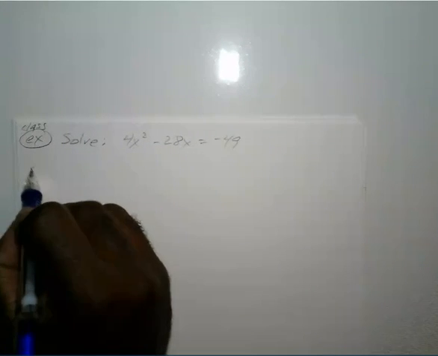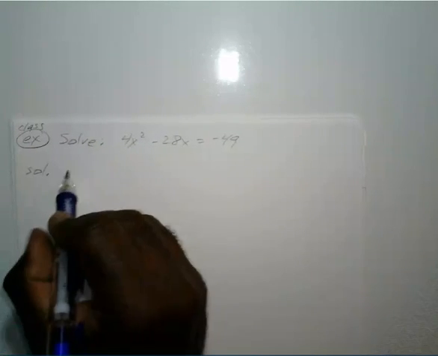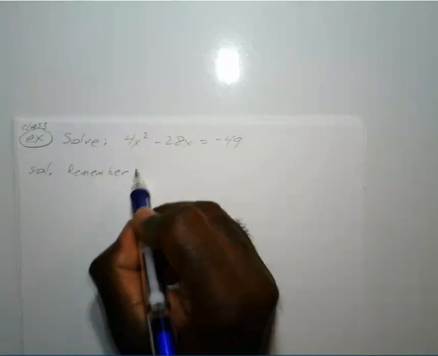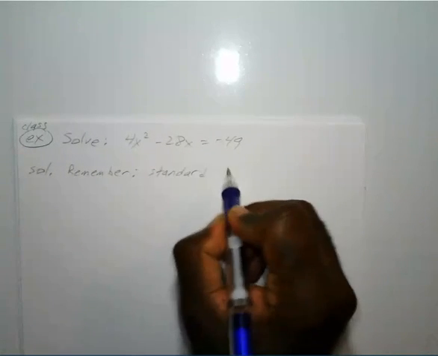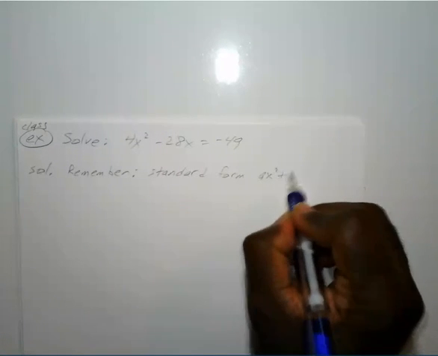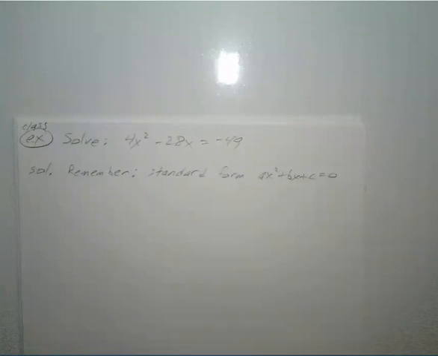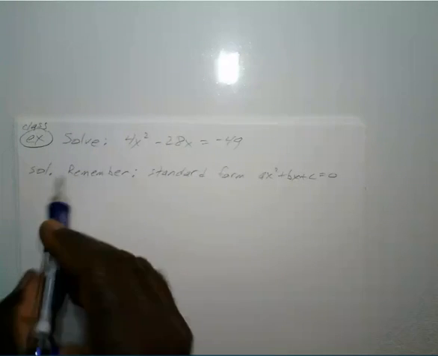Alright, so assuming that you have pressed pause and solved this one, you have to remember your standard form. So your standard form is ax squared plus bx plus c equals 0. So this one, we just have to add 49 to both sides.